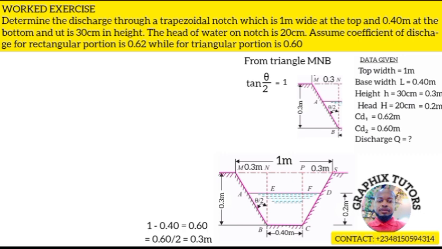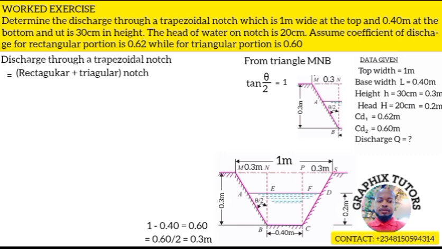Now the discharge through a trapezoidal notch is given by the rectangular notch plus the triangular notch.